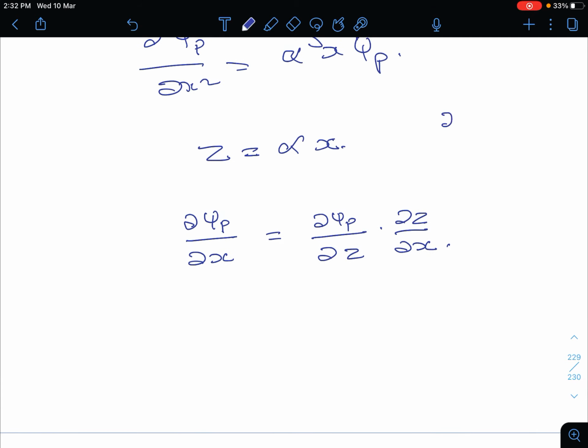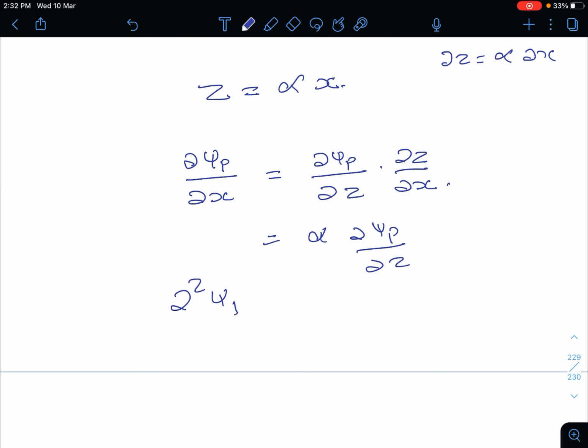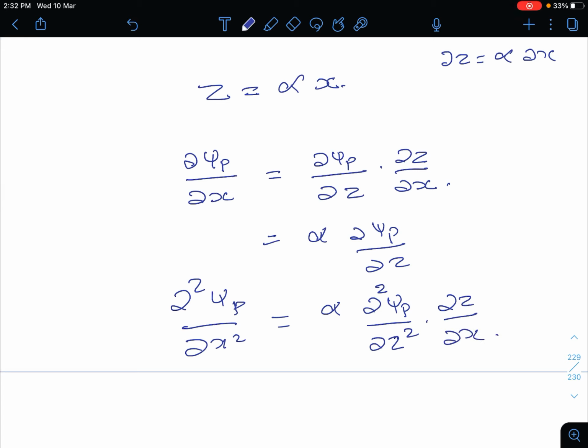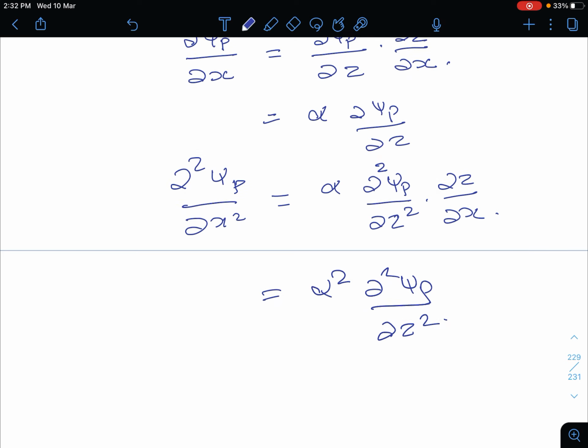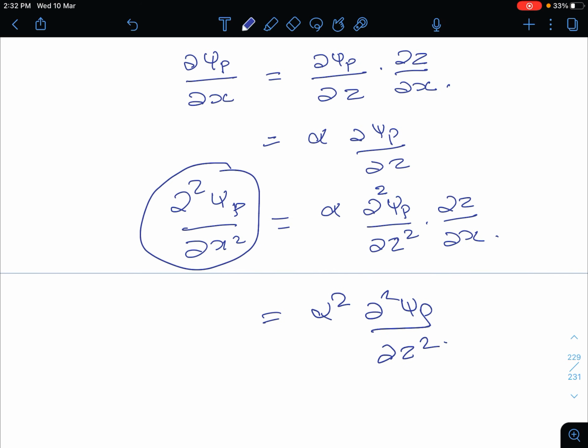Dou z is equal to alpha dou x, so dou z by dou x is alpha. So that is alpha dou psi p by dou z. Now dou square psi p by dou x square is alpha dou by dou z of alpha dou psi p by dou z, that's alpha square dou square psi p by dou z square. Clear?